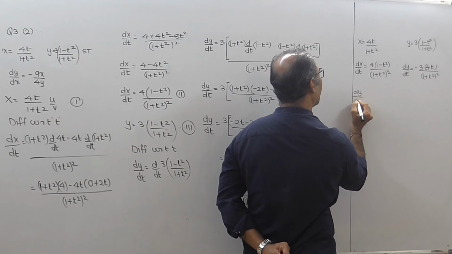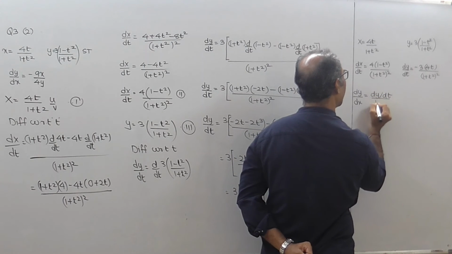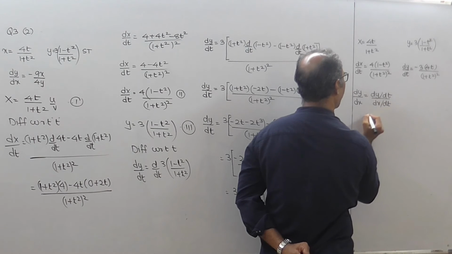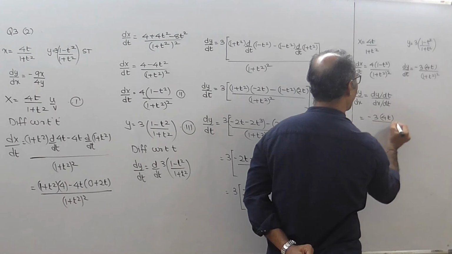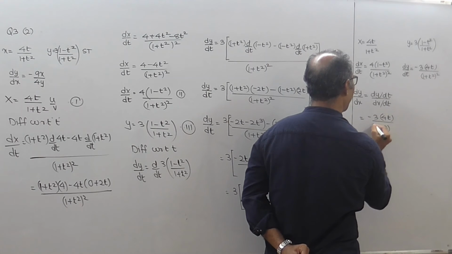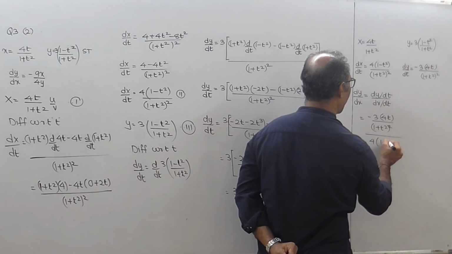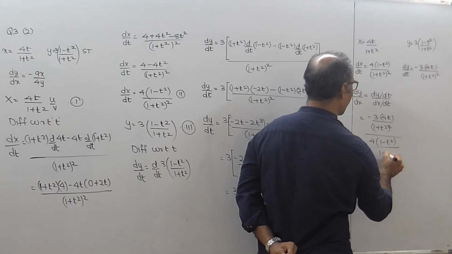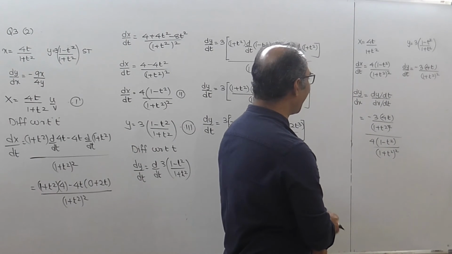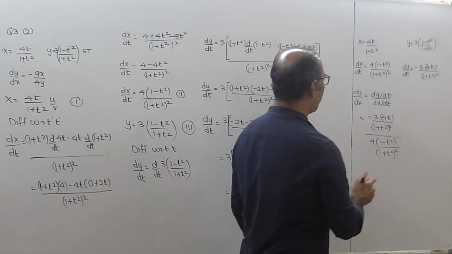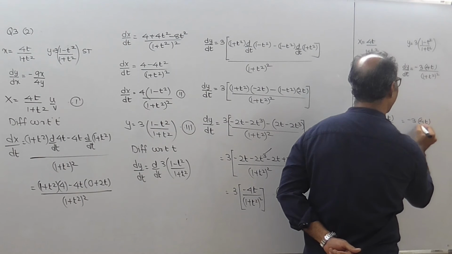See, we have to find the value of dy by dx. dy by dx is dy by dt the whole upon dx upon dt. dy by dt is minus 3 times 4t upon (1 plus t square) the whole square. dx upon dt is 4 inside the bracket, 1 minus t square upon (1 plus t square) the whole square. Now this is a very tricky part. Please look at the board, pay attention.